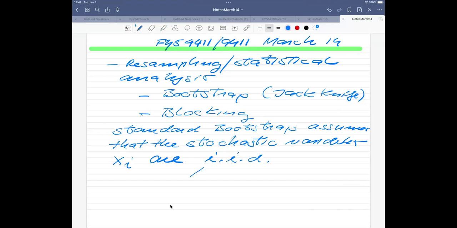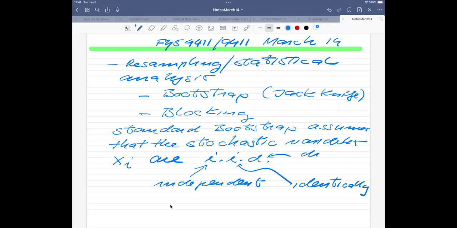One is that they are independent, and I will try to explain what it means that they are independent. And then they are identically distributed, where D stands for distributed. So they are independent and identically distributed.